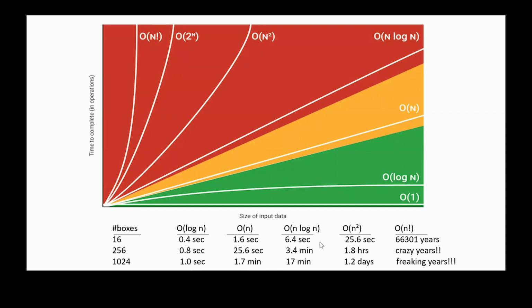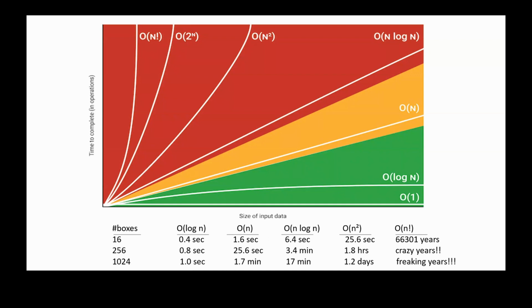With other algorithms, as you can see, when we reach the O(n!) algorithm, if you want to draw 256 boxes, it would take years to get this job done. And it gets worse when it comes to 1024 boxes.